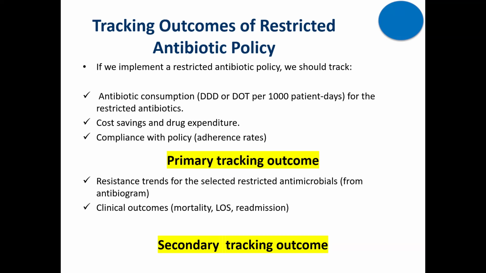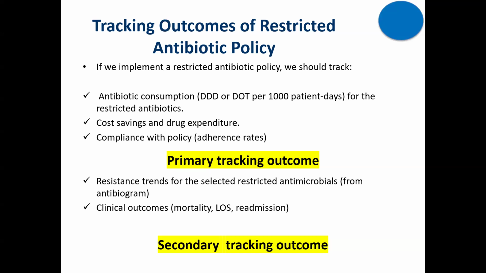And this will also be manifested in an increase in the cost, or the drug expenditure will increase or even stay the same. It will not decrease, because the physician will shift to other classes. Also, the compliance with the policy, or the adherence rate, is very important to be tracked.